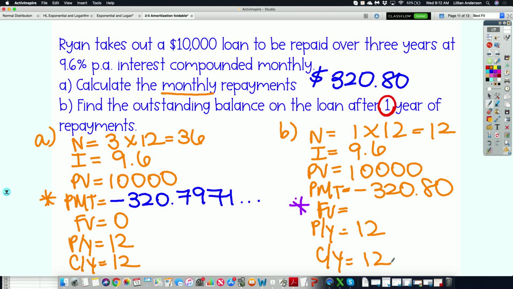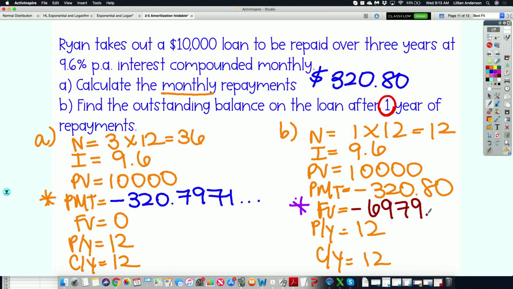So again, anytime we plug in anything for payment, it's going to need to be a negative number. So when we do alpha enter on FV, how much? Negative 6979.80.